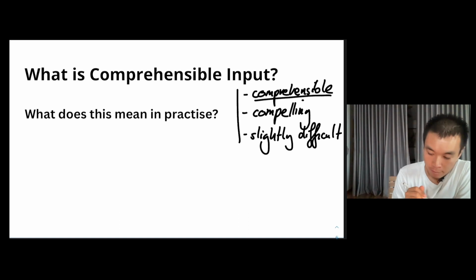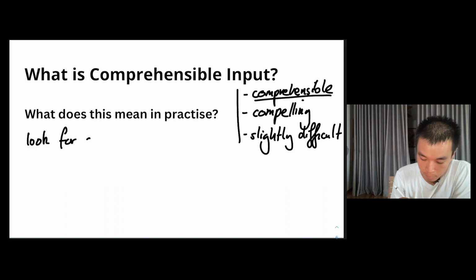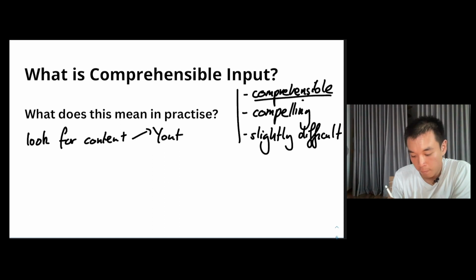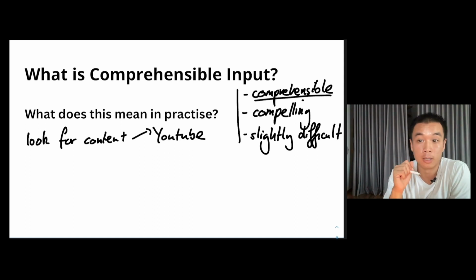And therefore, I've got two strategies. You might have to look for content. And you can find such things on YouTube. There are YouTube channels that specialize in teaching languages using comprehensible input. I found a very good one for French and a good one for Chinese.